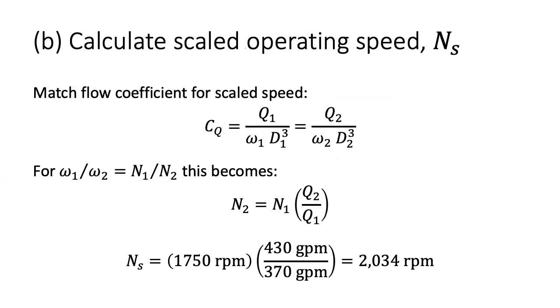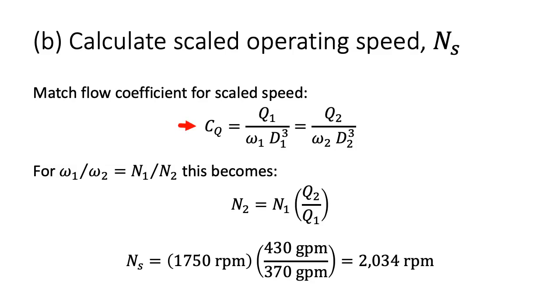For Part B, based on this operating point, find the pump operating speed required to deliver a scaled flow rate of 430 gallons per minute, which recall is the operating flow rate for the 11-inch diameter pump. From a dimensional analysis of pump performance, we know that to scale the speed for the pump, we need to match the flow coefficient defined as shown.